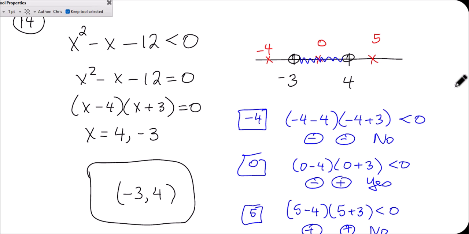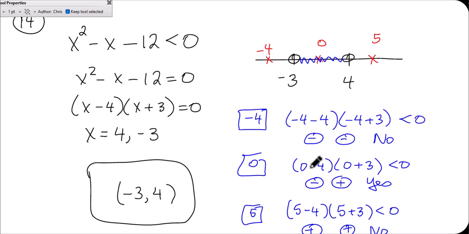All right, so to do that, I used the factored form. So I did x minus 4, x plus 3 less than 0. If I plug in minus 4 in both places, that would calculate to be a minus. That would calculate to be a minus. The product of two minuses is not less than 0.